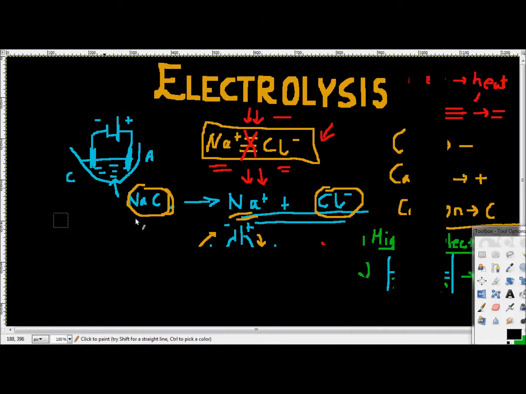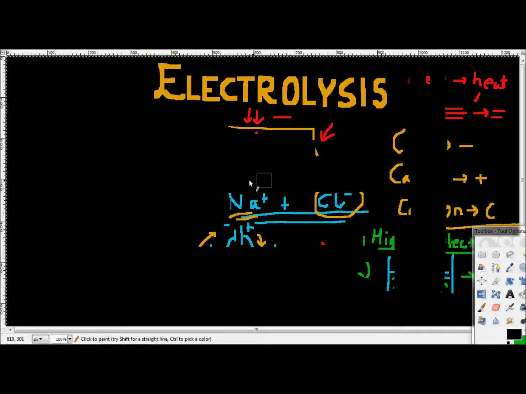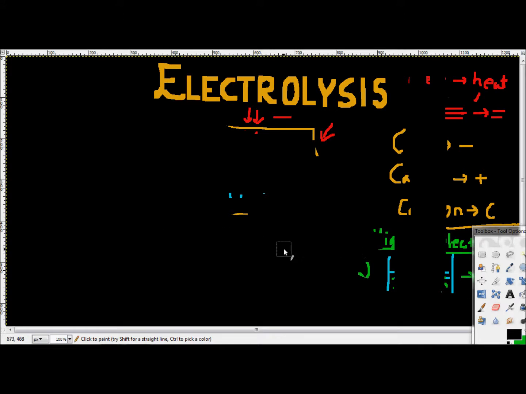They're actually submerged in the electrolyte, so they carry the current from and to the battery outside, and into and out of the electrolyte. The substance that is inside the container or the bowl or the flask, whatever you want to call it, is the electrolyte.